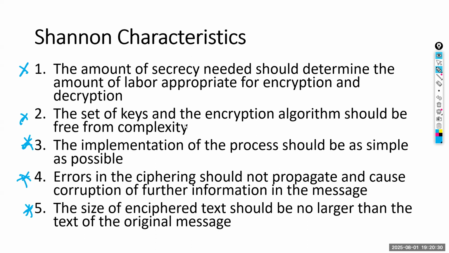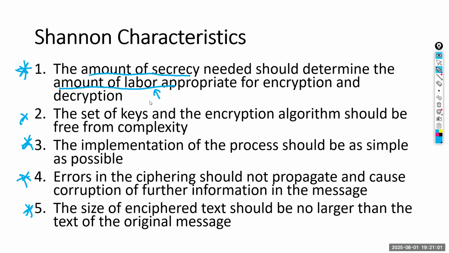Number 1, the amount of secrecy should determine the amount of labor for the encryption and decryption. Here the labor is not human labor, it's processing by your algorithm. So this is common sense. For example, if you need very high security, it's super critical, use a very complicated algorithm.